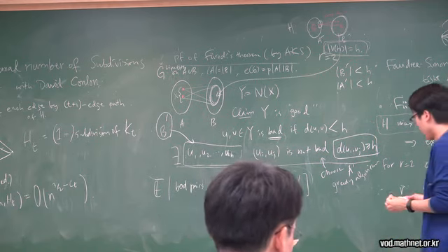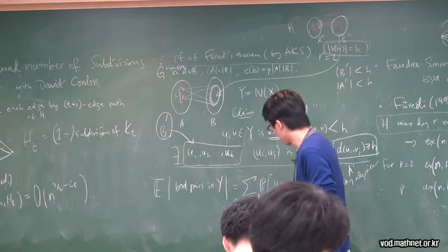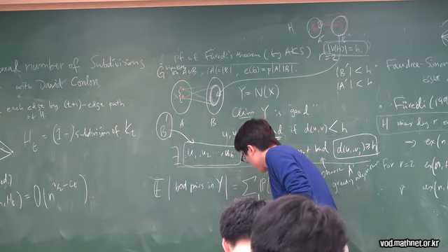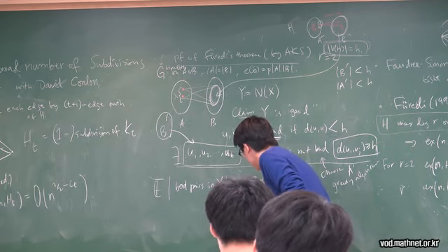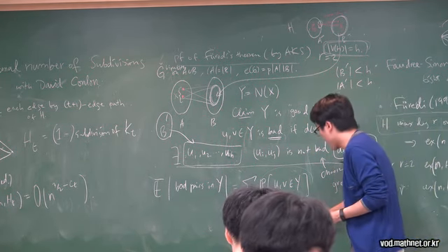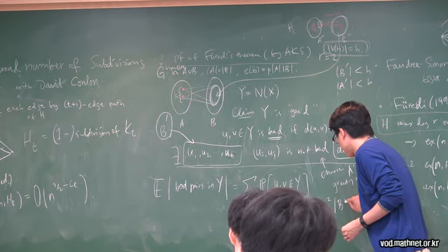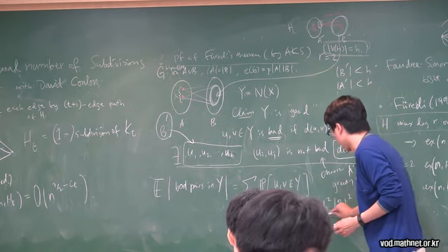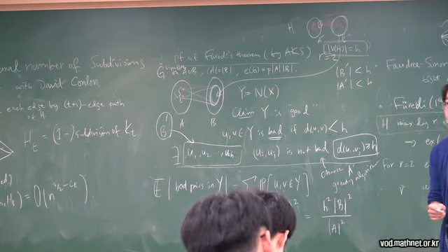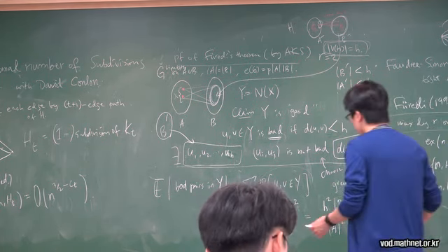And another rough estimate here is I'm just going to consider all the pairs in B. So that gives an estimate of H squared B squared over A squared. So that's an estimate.